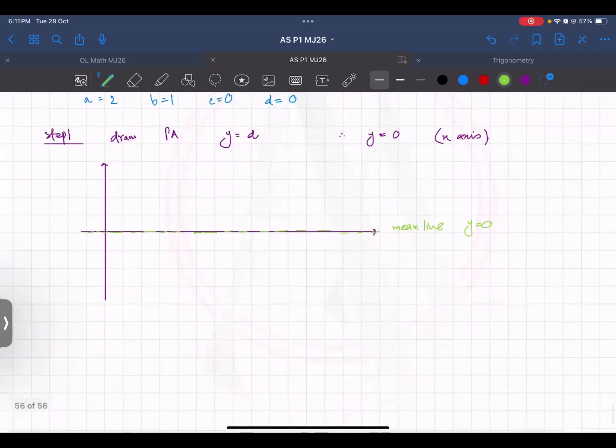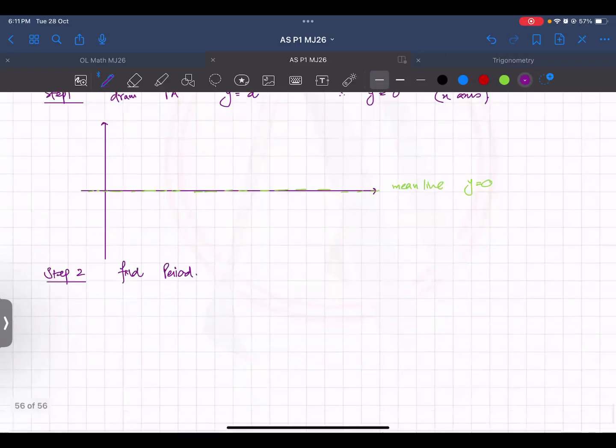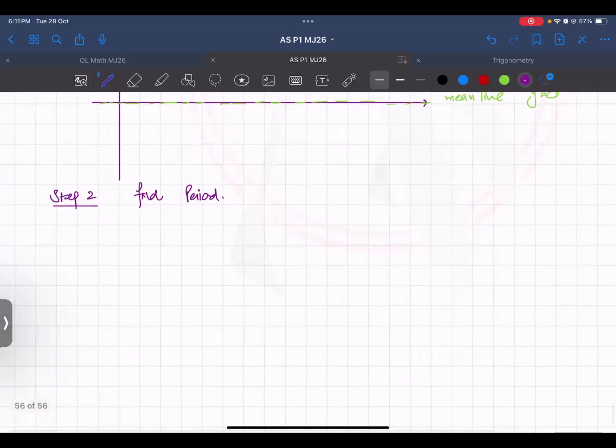Second step, find period. For the period, the formula for sine and cos is 360 upon b, or 2 pi upon b if it is in radians.